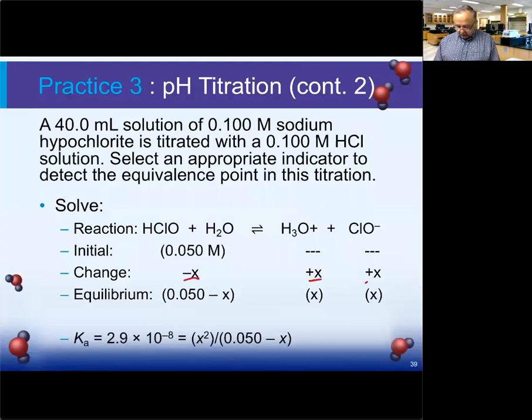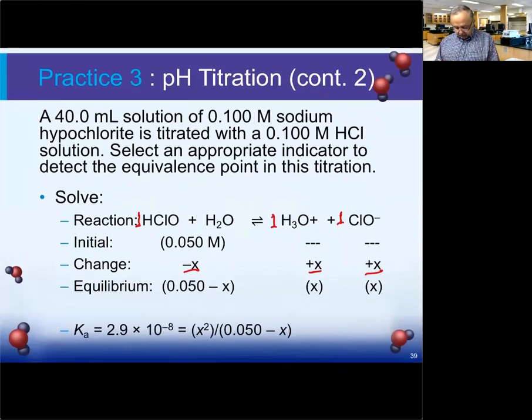We need to be conscious of the coefficients of the balanced equation. These are 1 and 1 and 1. The reactants always go negative because they are going to react and disappear. The products always go positive. And then we'll have an equation for the Ka, for the equilibrium, and we can solve for x.